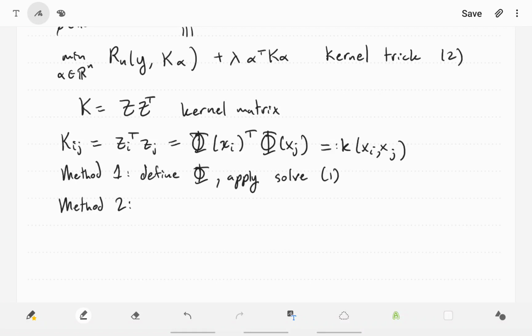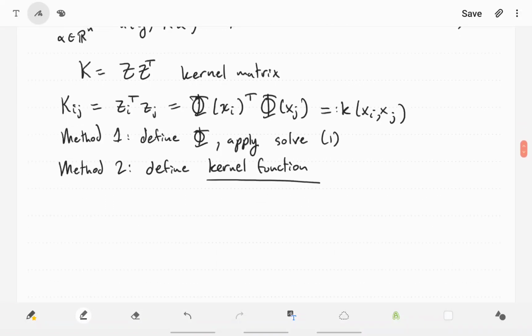So method 2 is to define a kernel function, and that's this K of x1, x2, which is equal to phi of x1 transpose phi of x2.